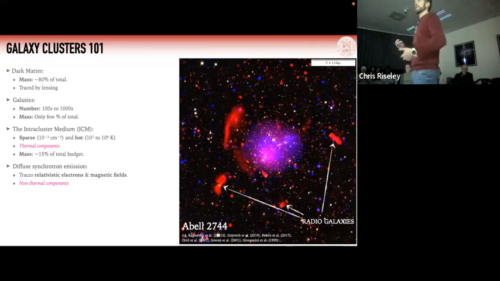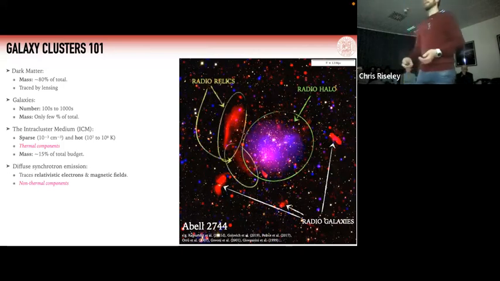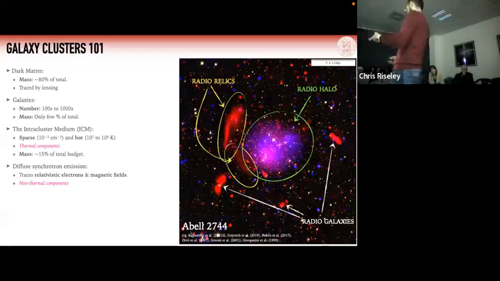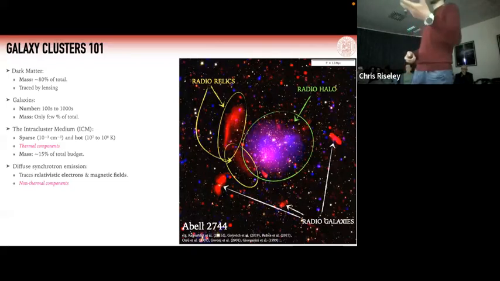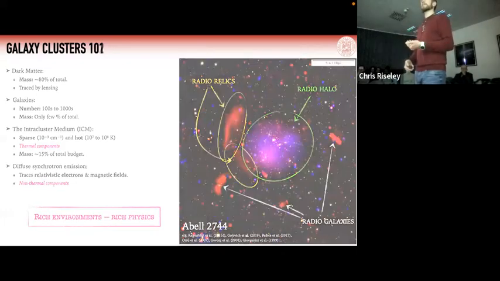Clusters host a lot of different weird and wonderful sources, such as radio galaxies, which are relatively run-of-the-mill, although in clusters they exhibit a wide variety of shapes and sizes. You've got radio halos, and you've got radio relics sitting here at the cluster periphery. These are just two of the relics in Abell 2744, which actually hosts, I think, up to 4 relics, but these are just the 2 that are most clearly visible. So clusters are rich environments for a rich variety of physics.